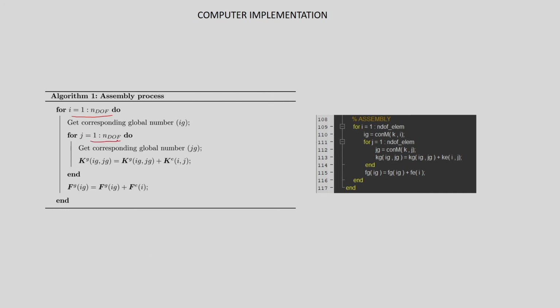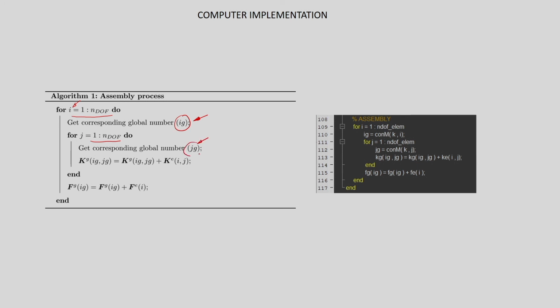Then j goes from 1 to the number of degrees of freedom, that is still 4, and in between, from the connectivity information, we are collecting the corresponding global node. So in a given element I corresponds to the local number because it runs from 1 to 4, and Ig, which we have collected from the connectivity matrix, gives the corresponding global number.